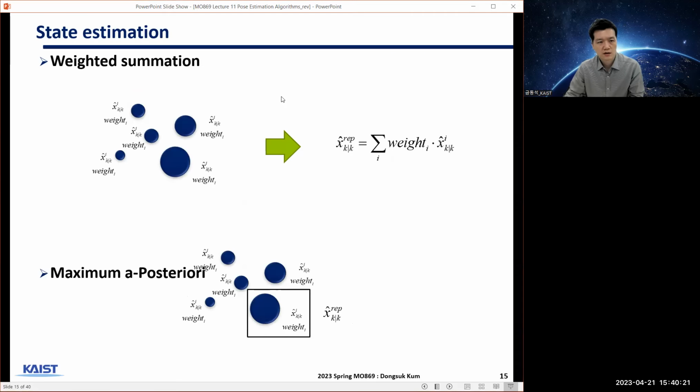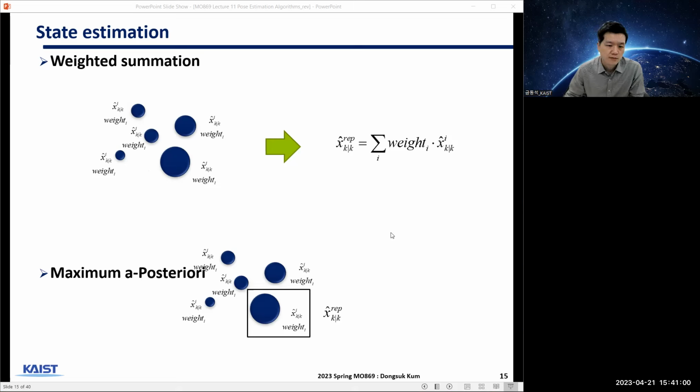And we're going to take a weighted sum of this information to compute the distribution of these particles. So probably here the position is going to be somewhere like here, right? With some distribution. Okay.